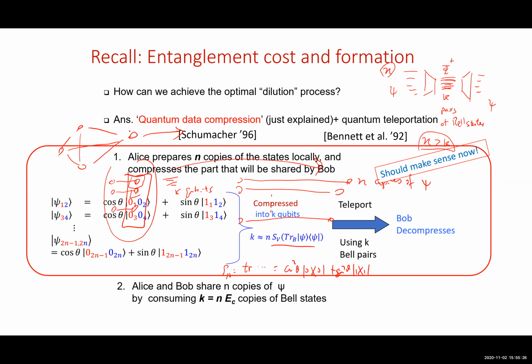And as long as the reduced density matrix is not a completely mixed state, then you can compress. And in a large number n limit, this compression can be made very high fidelity. That will approach Schumacher's limit. Okay, so it does not relate that much to the monogamy of entanglement.